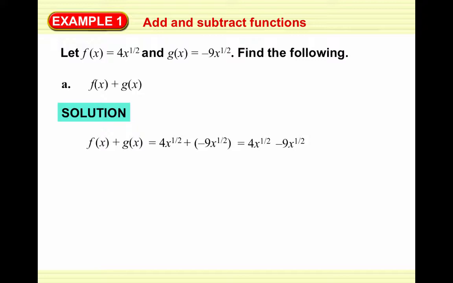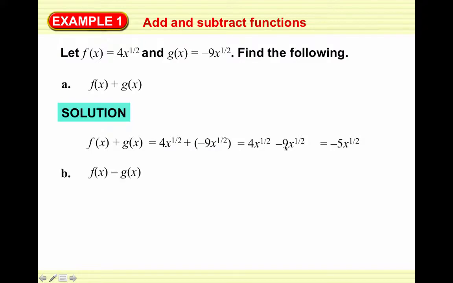Well, adding a negative is the same thing as subtracting a positive. So 4x to the 1/2 minus 9x to the 1/2, we get negative 5x to the 1/2. Please notice that we just checked that they have the same exponent to make sure they're like terms. Nothing happens to the exponents in this case. We just go, oh yeah, we've got an exponent of 1/2, so these are like terms. So we just combine the coefficients.